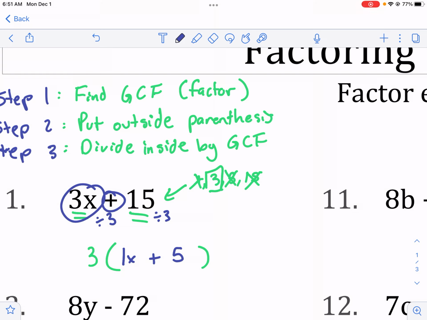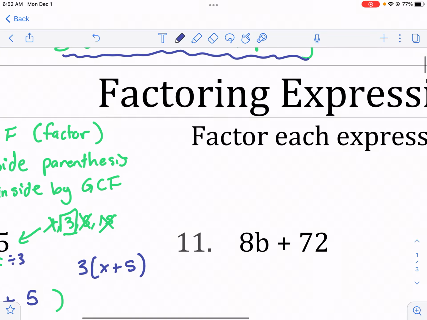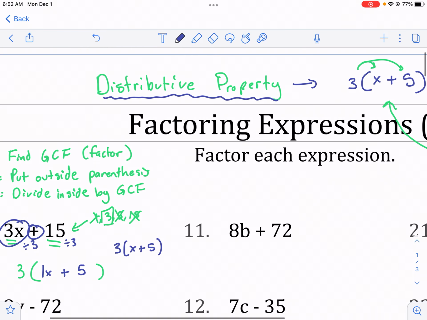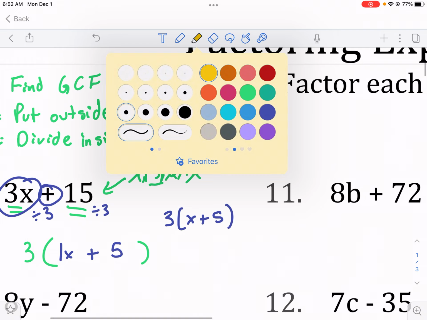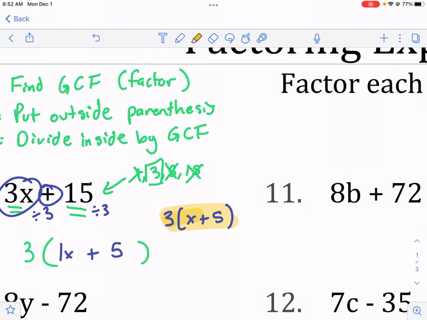It gets a little tricky when we have some negatives in there, but for right now, most of the time, we're just going to copy down that middle term. So what's left is we have 3 times quantity, 1x plus 5. Really, that's 3 times x plus 5. And I think that's where we started. It is. So that is our correct answer right there. Let me highlight it in yellow just to show that that's what we got for the correct answer.